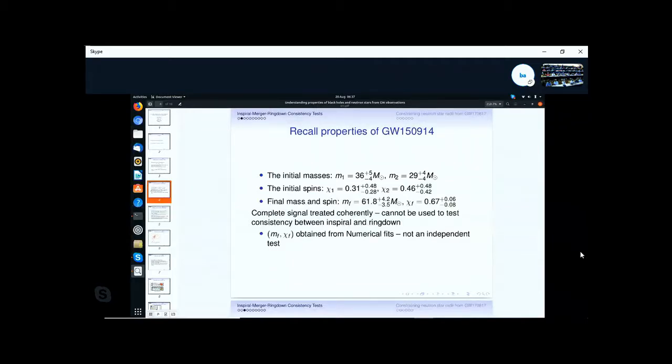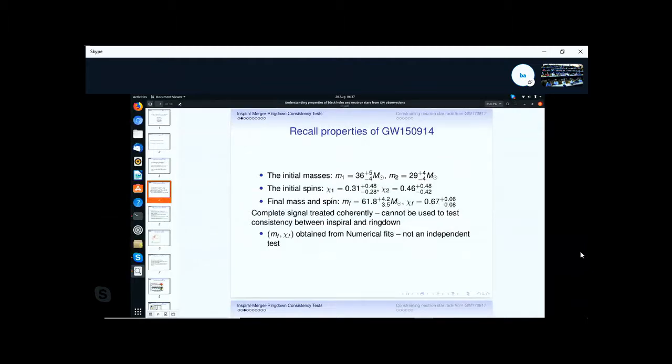Again, you should keep in mind that these values of MF and chi-F are obtained from numerical fits, so this is not an independent test. And similarly, if you were to compute the areas for the final black hole with these parameters and compare with the initial area, these would again all be consistent with GR, so this would not be an independent test.